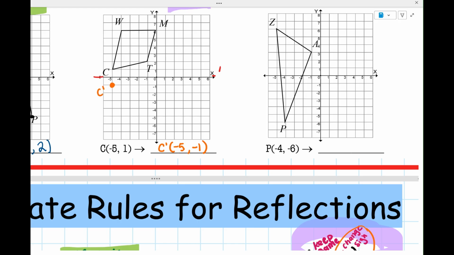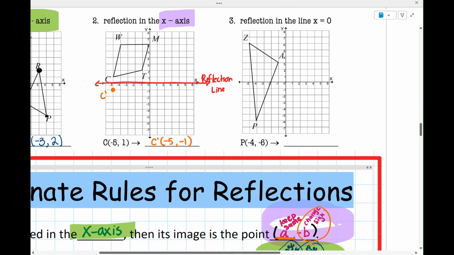Let me go ahead and graph our line that we're reflecting over, which is the x-axis. So we can apply the rule to every point, or we can visually count how far each point is from the reflection line, and that's how we would get our new points.